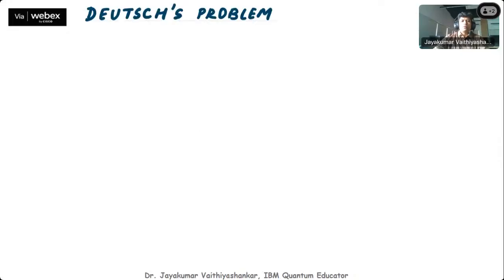What is the problem we are going to tackle in Deutsch-Jozsa? The problem is, who am I? We need to decide who I am, which is related to mathematical terms. Suppose a function is given, I am a function f of x.